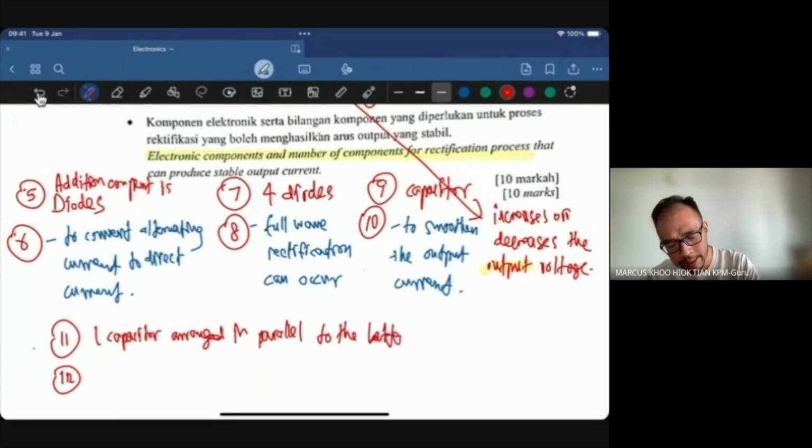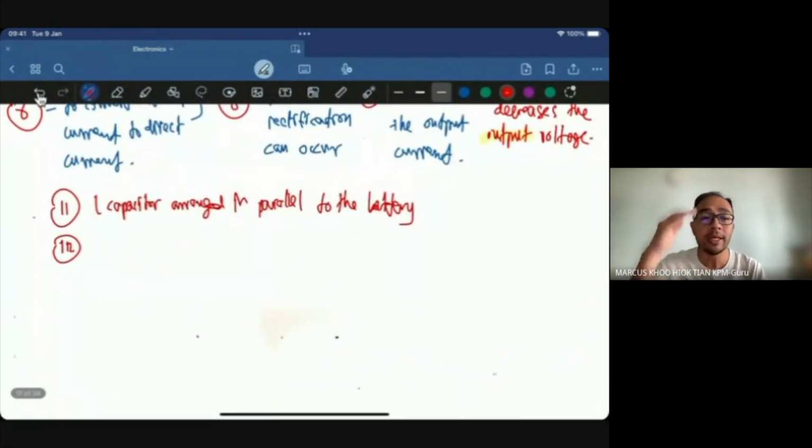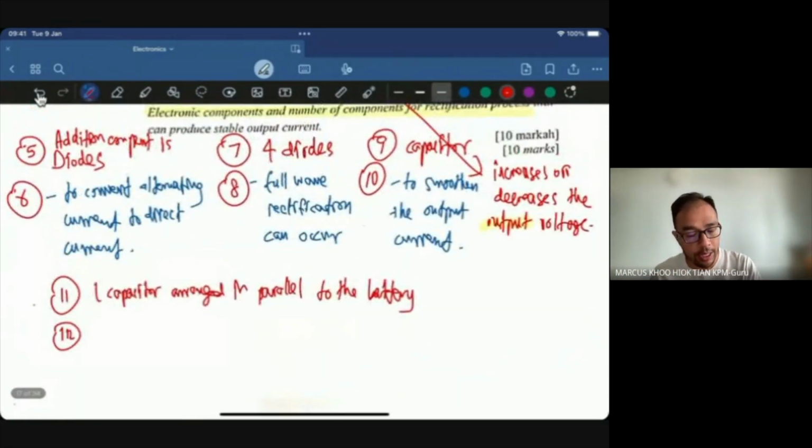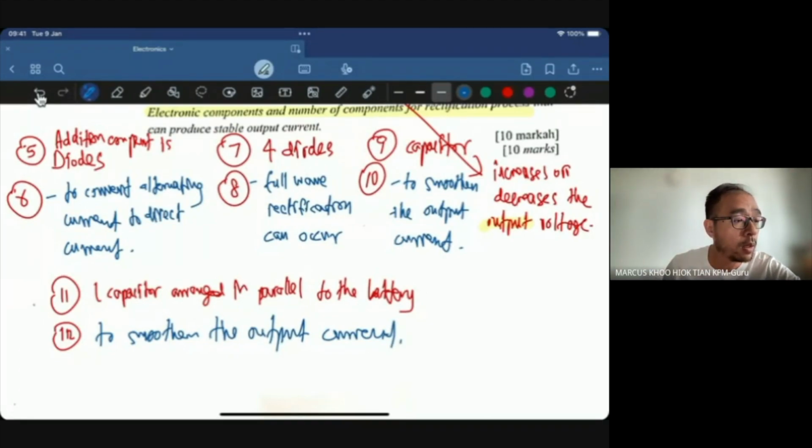I think this answer is in the book on page 70. One capacitor arranged in parallel to the battery. But the reason for this is the same, to smoothen the output current. So the only additional thing actually here is to parallel with the battery.